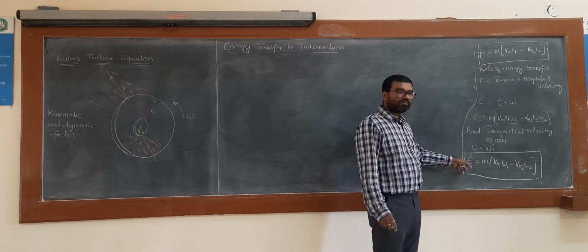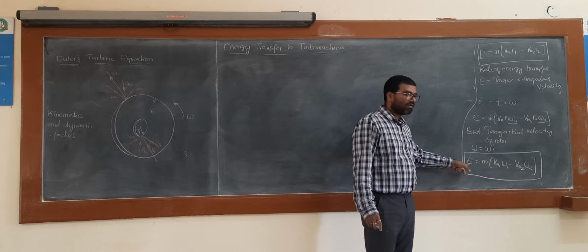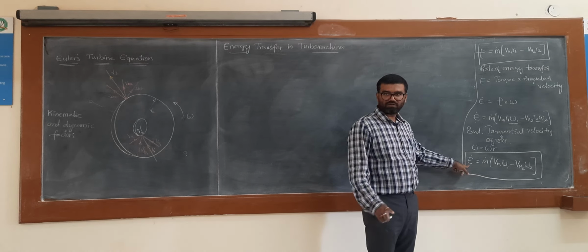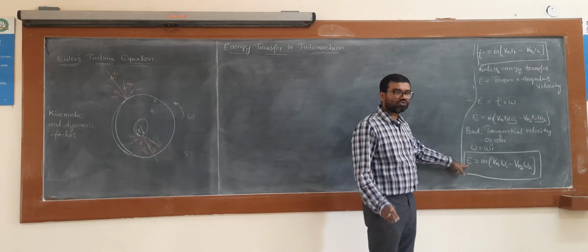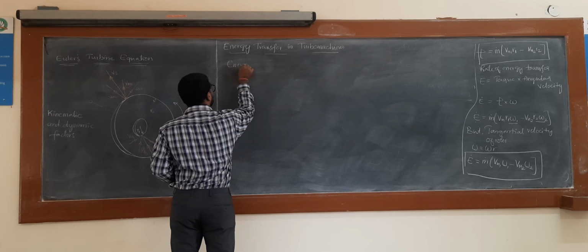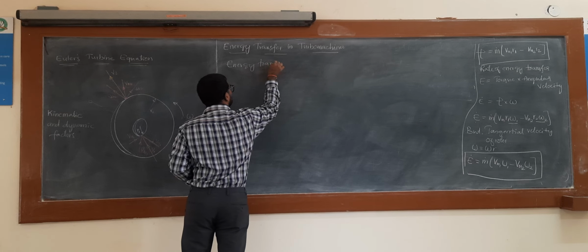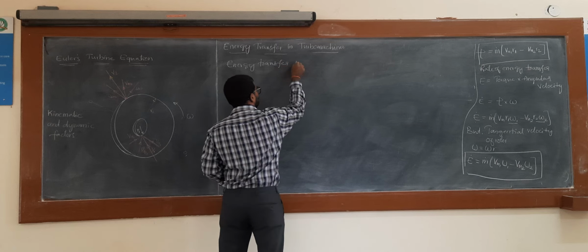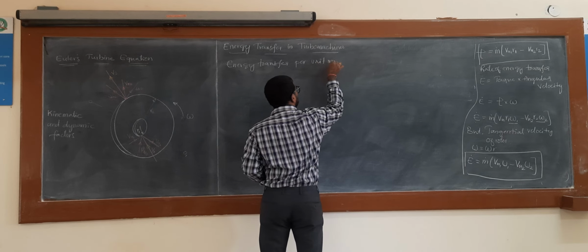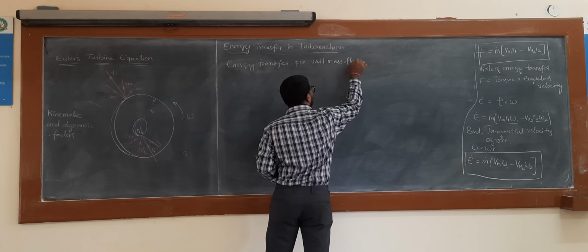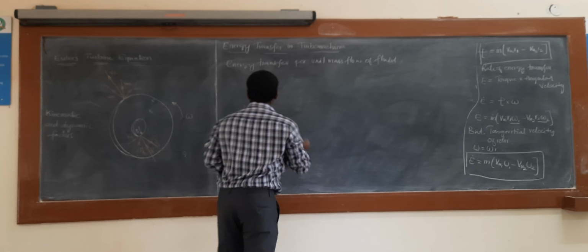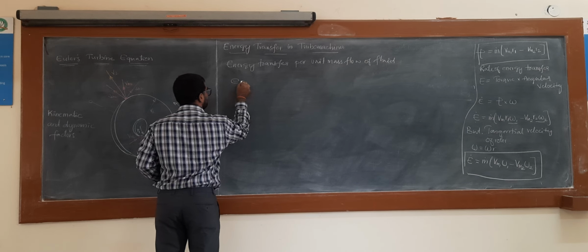This is the Euler's turbine equation per unit time. Now we need to convert this energy transfer equation to per unit mass. The energy transfer per unit mass flow of fluid is represented by small letter e.